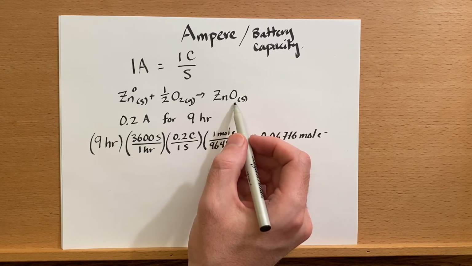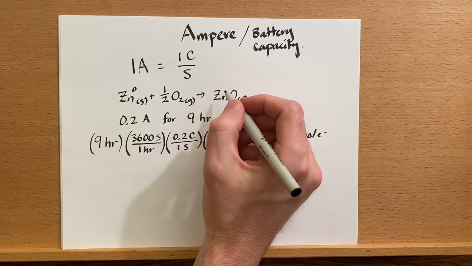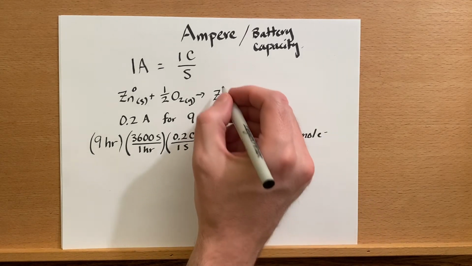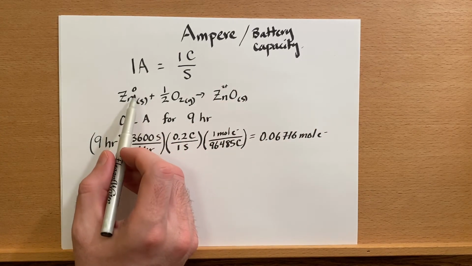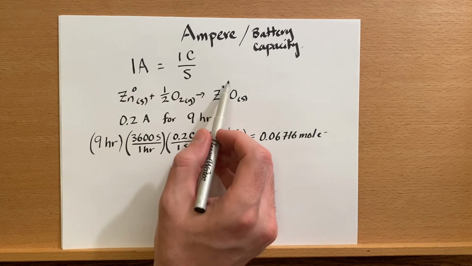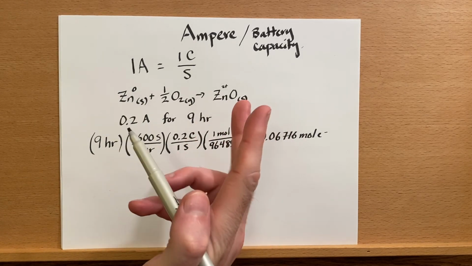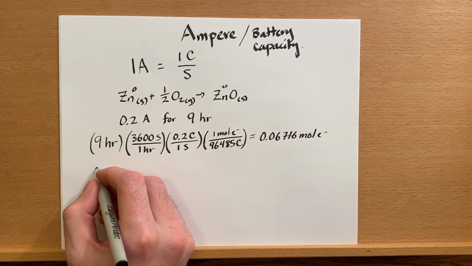And so, since this is a neutral compound, zinc must be +2. And that is the typical ion for zinc. So, we should know that we gave up 2 electrons to get to this +2. So it takes 2 electrons for every zinc. So we'll use that in our conversion factor here.